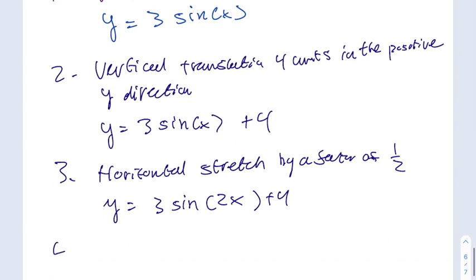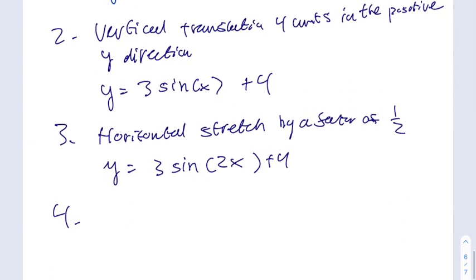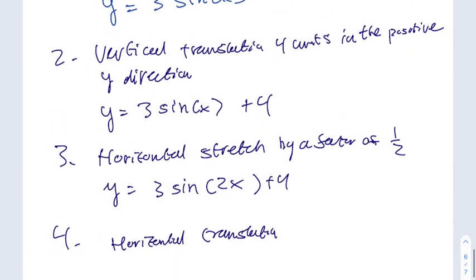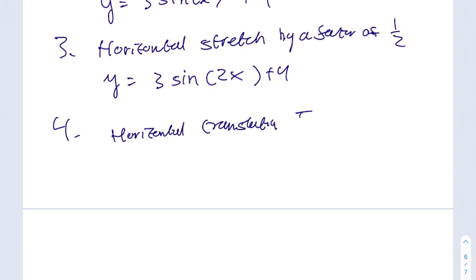And the last thing we can do is we say that there is another horizontal translation pi over 5 units to the left.